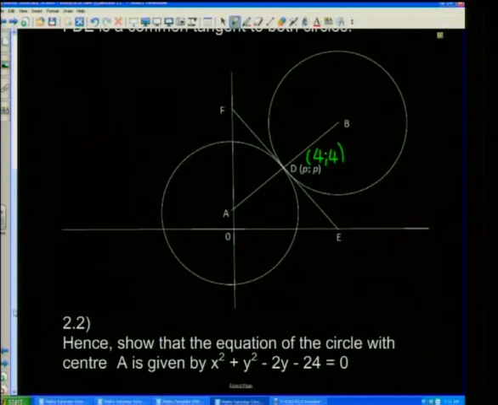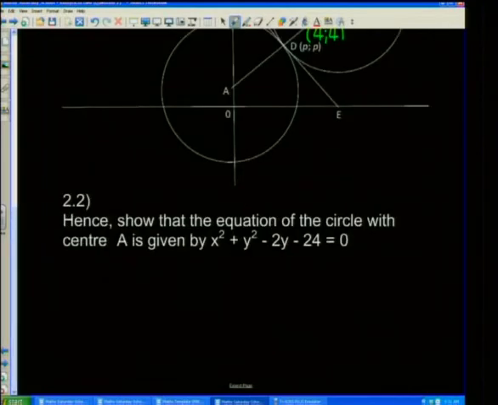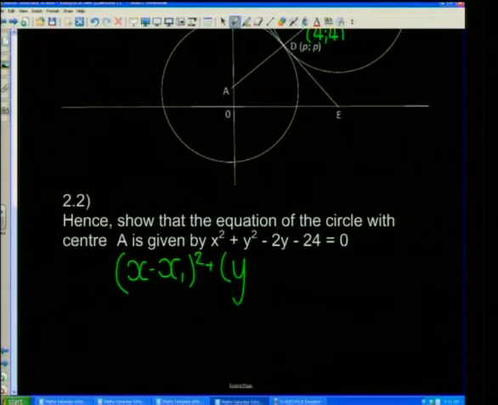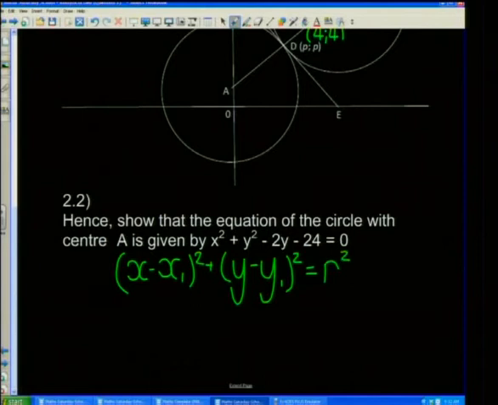All right. They have asked us to prove, hence show, that the equation of the circle with center A is given by the formula x squared plus y squared minus 2y minus 24 equals 0. Our formula for the circle is going to be (x minus x1) squared plus (y minus y1) squared, and that's equal to r squared.